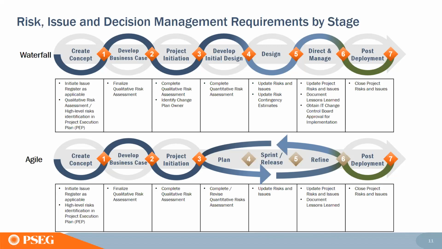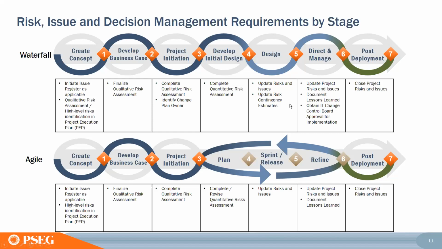As you move into the design phase, you mature your quantitative risk assessment, where you use verifiable data to analyze the effect of a risk. You assign a numerical value to existing risks based on quantifiable data. So the difference here in the design phase is now you're doing a quantitative risk assessment versus the qualitative risk assessment, which is more subjective early on. So you have your qualitative here, and then you begin to perform your quantitative risk assessment here.